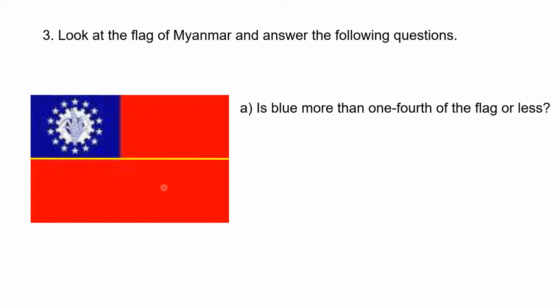Now the flag is divided into 2 equal parts. Now it is divided into 4 equal parts. Since it is divided into 4 equal parts, each part is 1/4 of the flag.